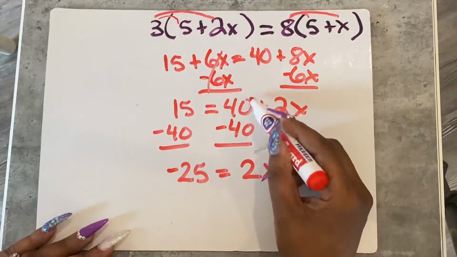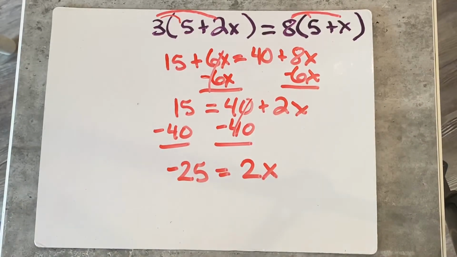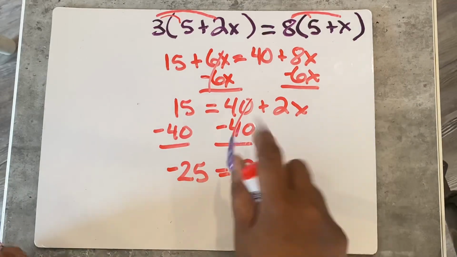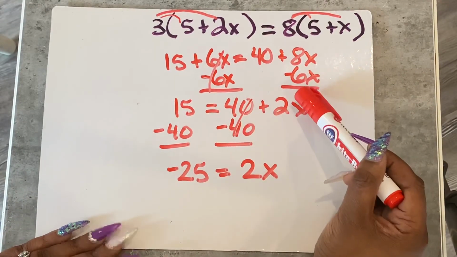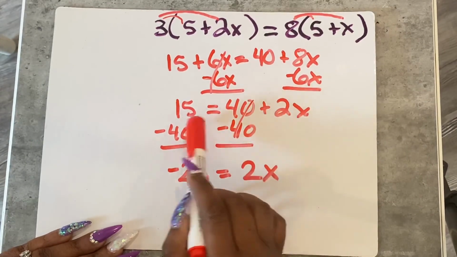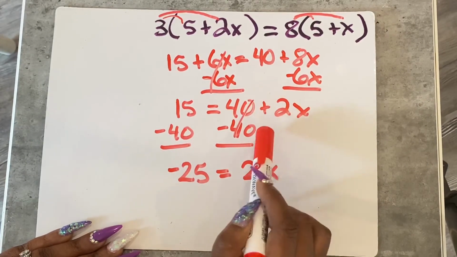You get it? You following? So what I did, after I came from here, I had my 8x and I took off my 6x. And I ended up with 15 equals 40 plus 2x.